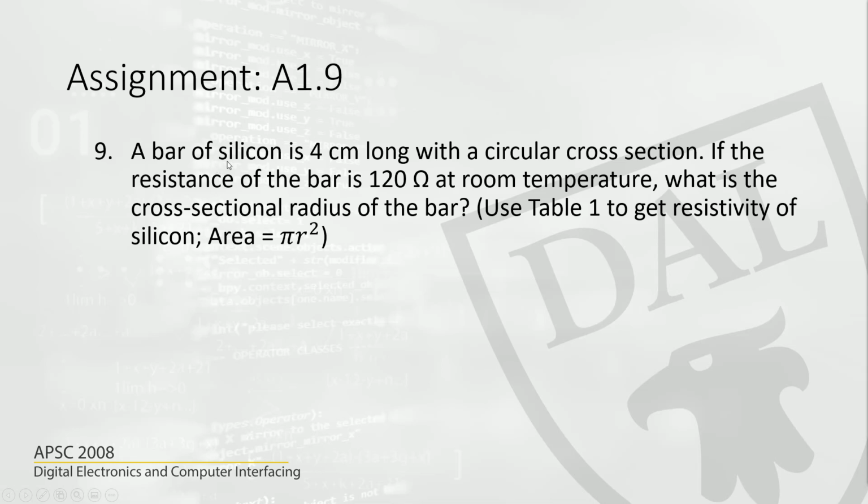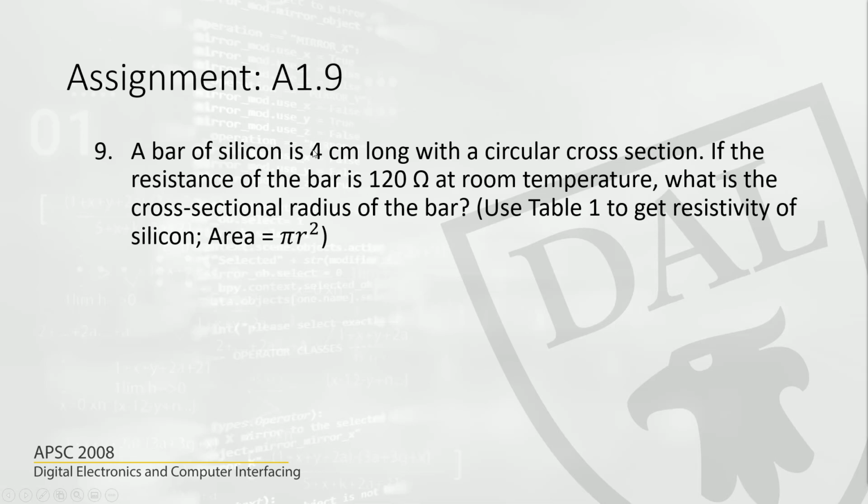So here a bar of silicon is 4 centimeters long, so 4 times 10 power minus 2 meters long, with a circular cross section. So it's circular, like a cylinder. And if the resistance of the bar is 120 ohms at room temperature, what is the cross-sectional radius of the bar? For a circle, the area is pi r squared.